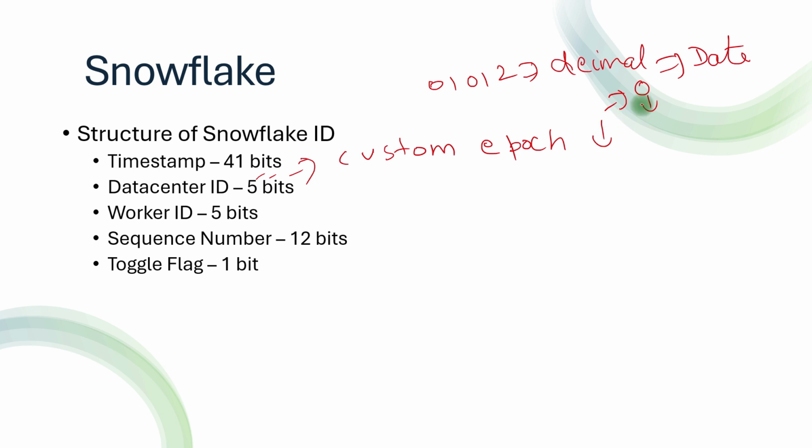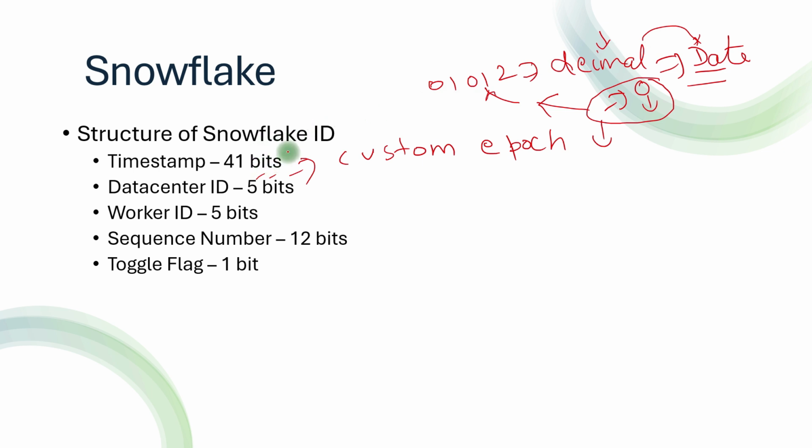We calculate the milliseconds relative to the custom epoch, convert that to binary, and that is how it is stored in the database. While converting back, we get the decimal representation, and then we can get the date out of it.